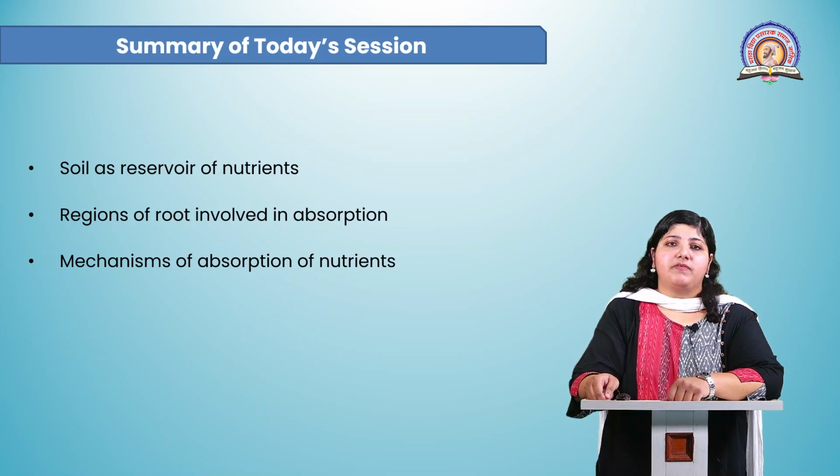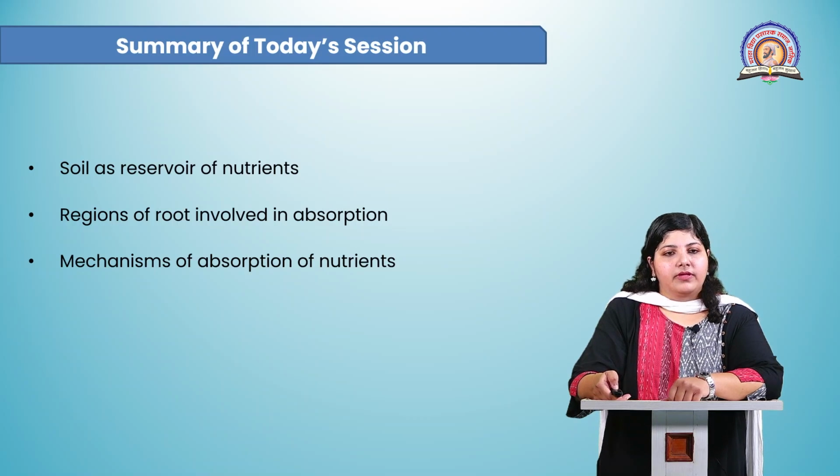The first one was passive absorption. This type does not involve any energy, and the elements are absorbed by passive diffusion. The next type was active absorption, and we saw that involvement of energy is required for the active mechanism to take place.